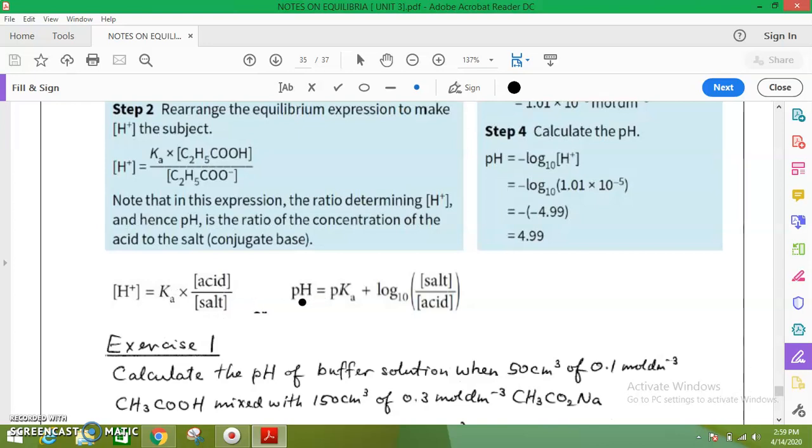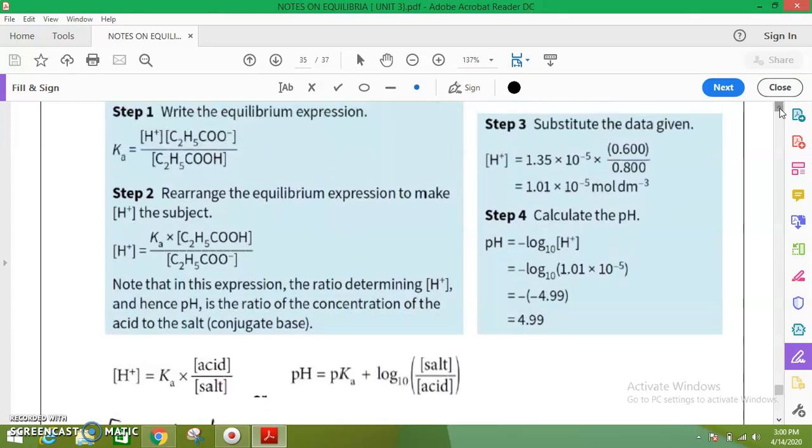And second, directly you can use this one: to find the pH of a buffer solution, you need pKa. If Ka is given, take the negative log of Ka to get pKa, plus log 10 of concentration of salt over concentration of acid. So you can use either of these two rules.